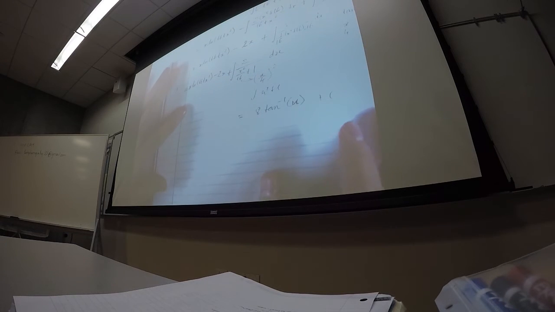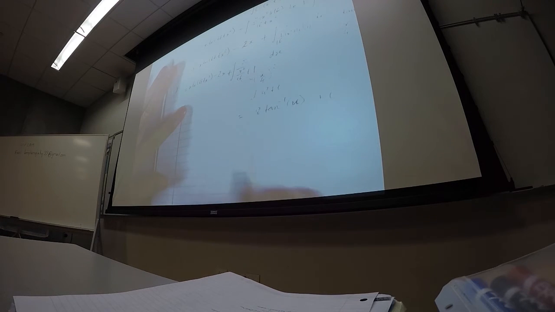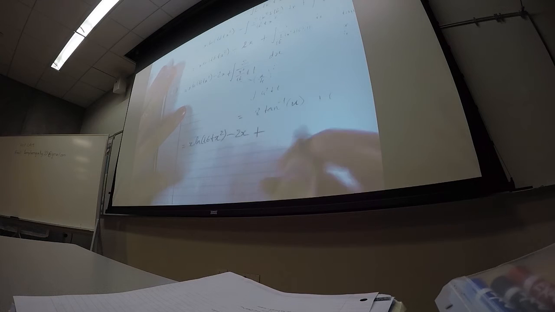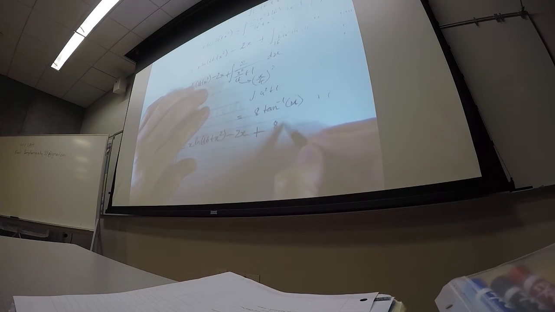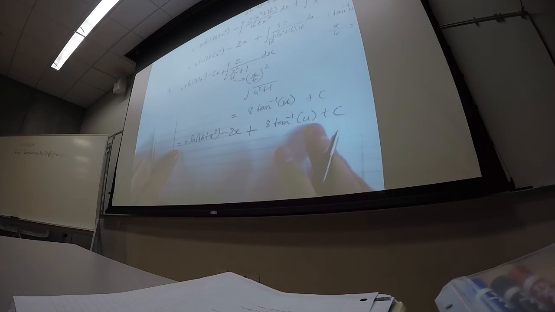We have this whole chunk up here, and we evaluated this one, which is that thing right there. So the whole thing will equal x ln 16 plus x squared minus 2x plus 8 inverse tangent u plus c. Now we have an x, and all of a sudden we have a u here. It's not homogeneous, right? It's not consistent.